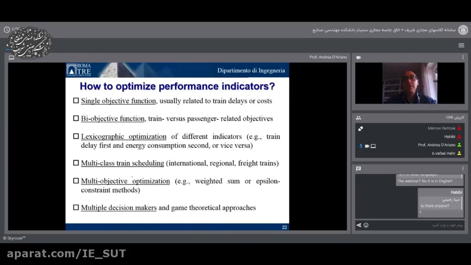So the passengers can still play a role, but as followers. So you can be in a situation in which game theory is also applied. And all of these techniques to optimize multiple performance indicators have been applied through the alternative graph model of the problem.